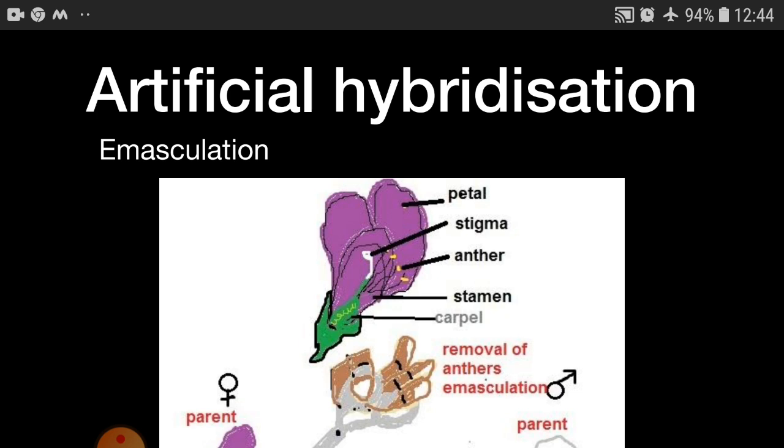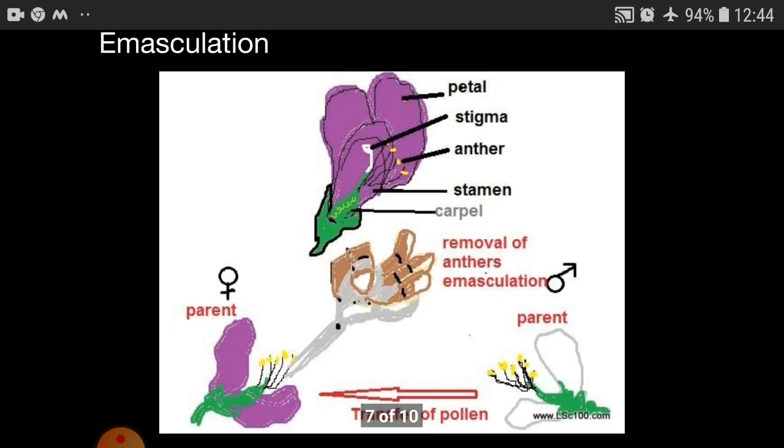Now here in this diagram you can see the process of emasculation, right? So what is emasculation? If a flower has both the male and the female part, then we remove the anthers from the flower bud before the anthers mature.